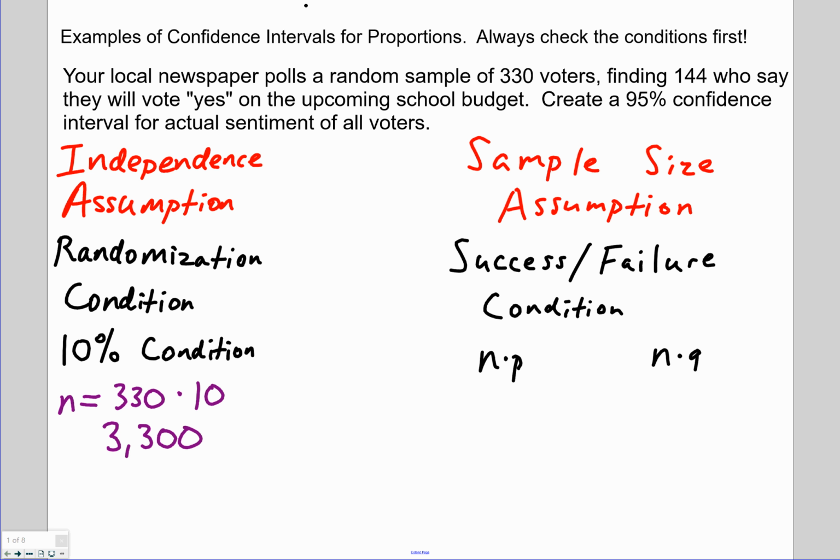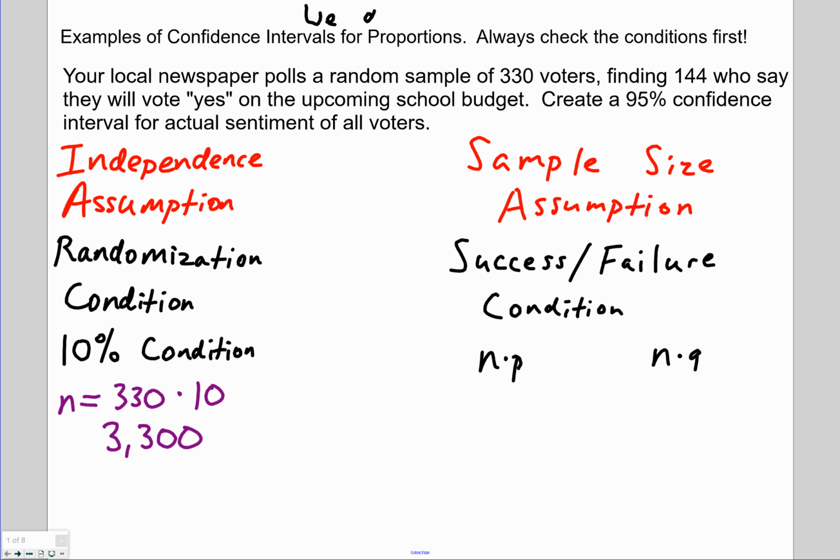I'm going to write that up here. We don't know P. And guys, it's okay. It's going to be all right. Let's use what Susanna told us. She said she's going to use 144 to be success.